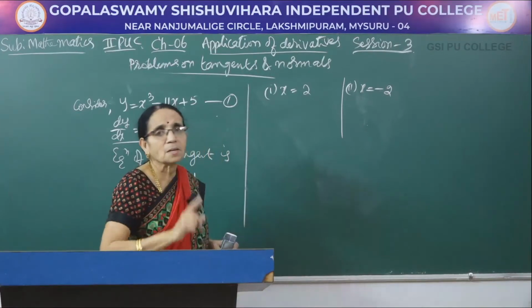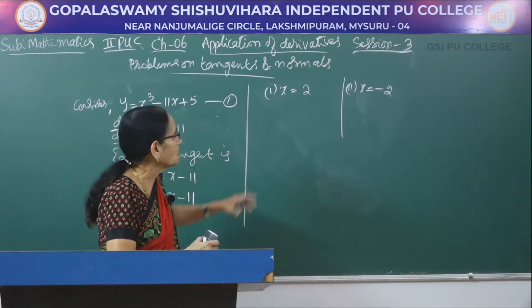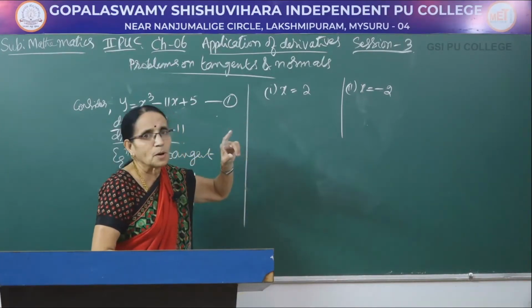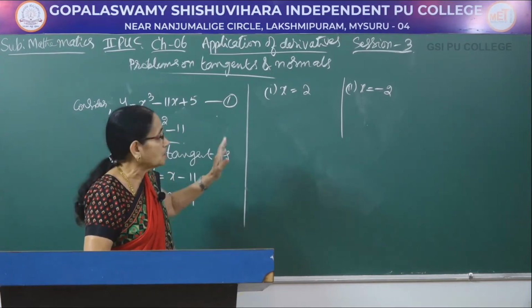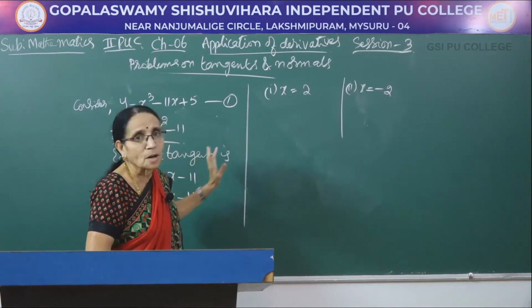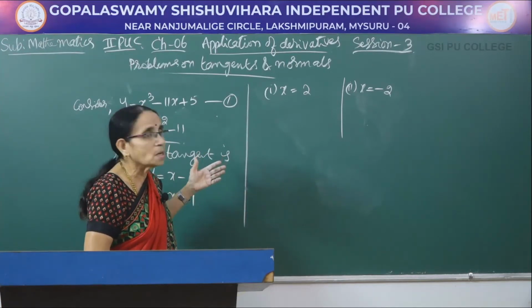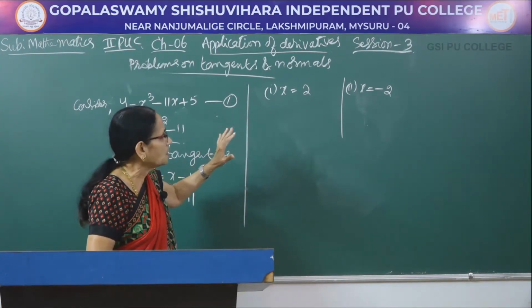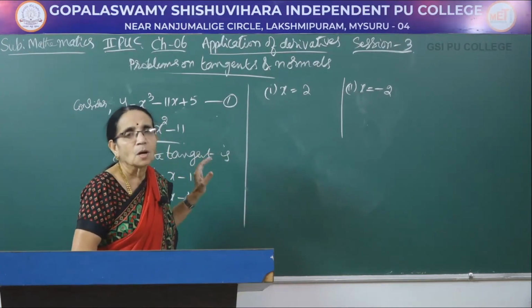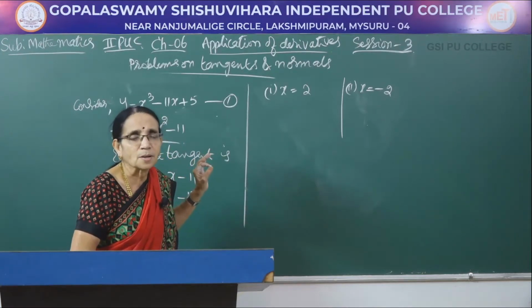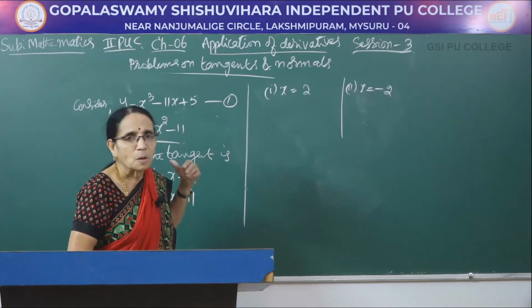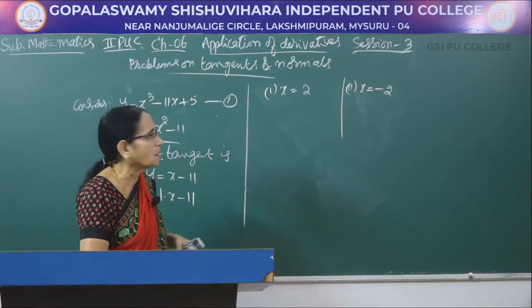Remember, a tangent has been drawn. That means that out of these two, any one point will lie on that one. See, if the point lies on any curve, that is another piece of information from when we learnt about the locus. Whenever a point lies on any curve, the coordinates of the point should satisfy the equation of the curve. It may be a line or circle or whatever may be the curve here.